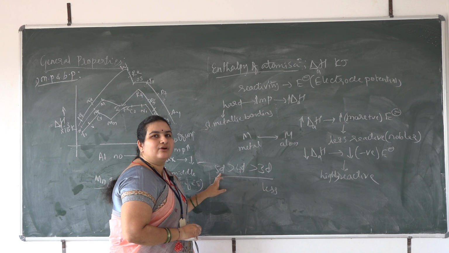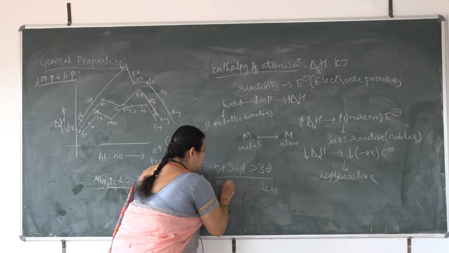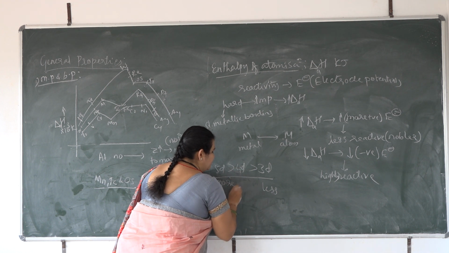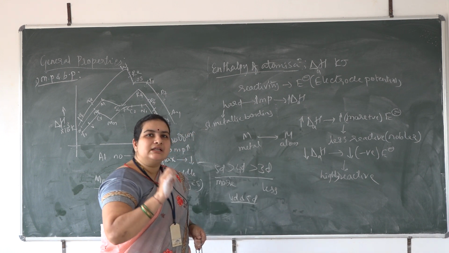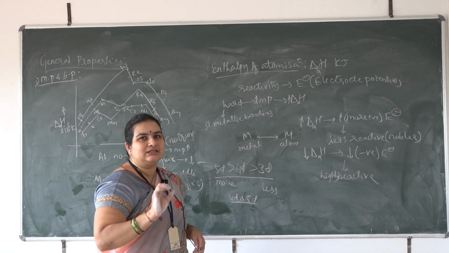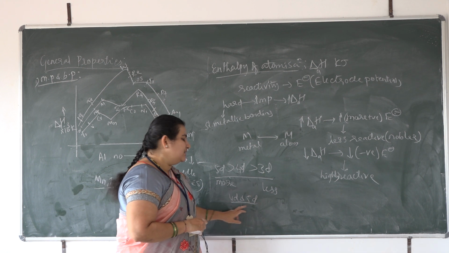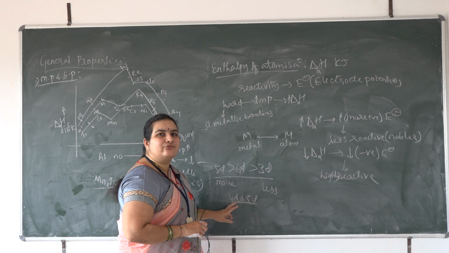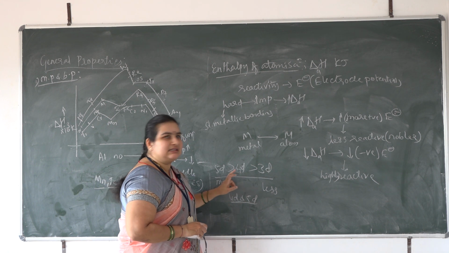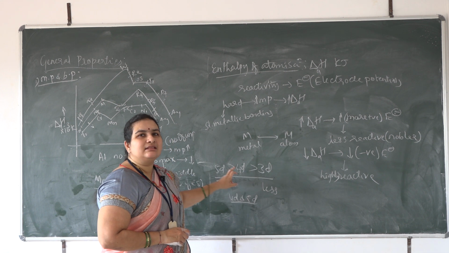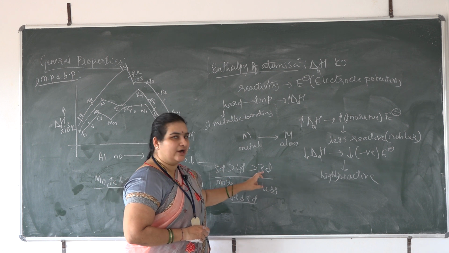Then it will go for 5D, it will have more value than 4D. Okay, it is because in 4D and 5D, the electrons are more tightly held or more closely packed because of close packing of 4D and 5D electrons. So the enthalpy of atomization of 4D and 5D is greater than that of 3D.